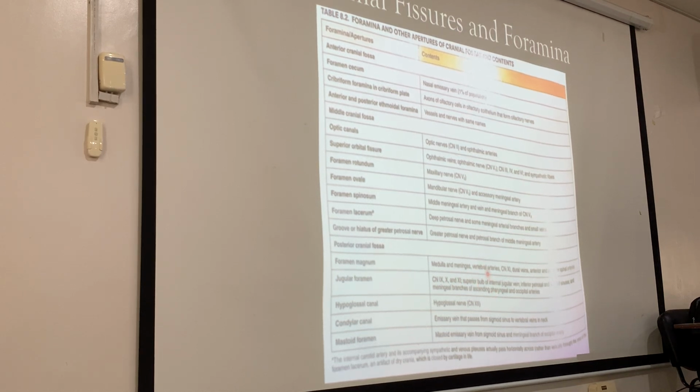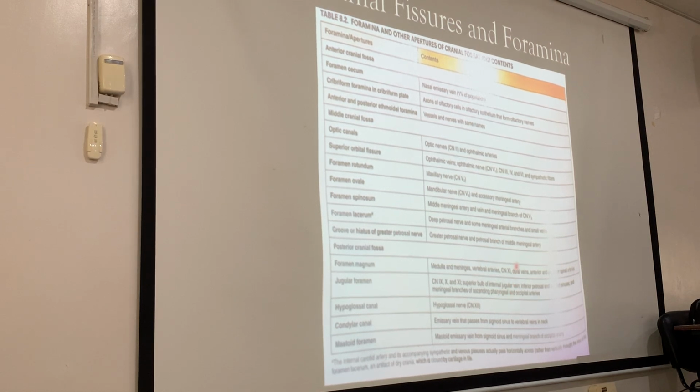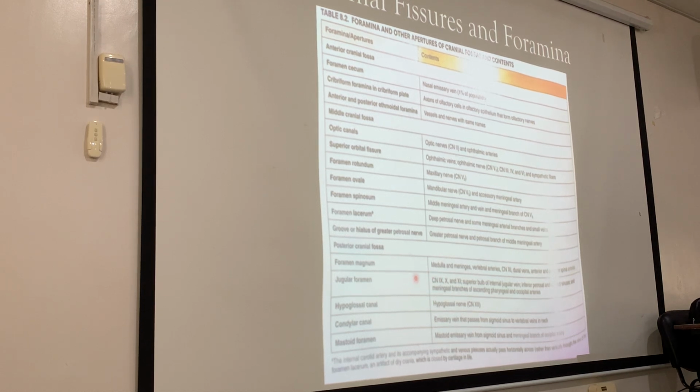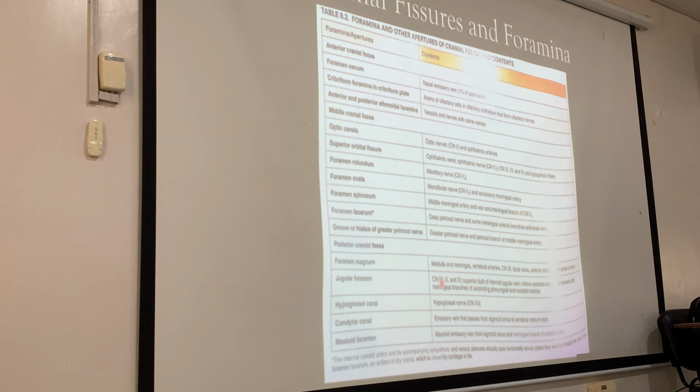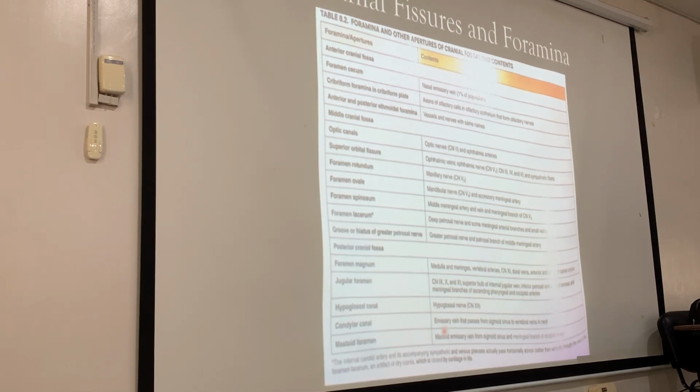It transmits the vertebral arteries, and then cranial nerve 11 goes out through the foramen magnum. The jugular foramen transmits cranial nerves 9, 10, and 11, while the hypoglossal canal transmits cranial nerve 12. So the different cranial nerves have different foramina where they exit. Okay. So again, this is in your book, in Moore.